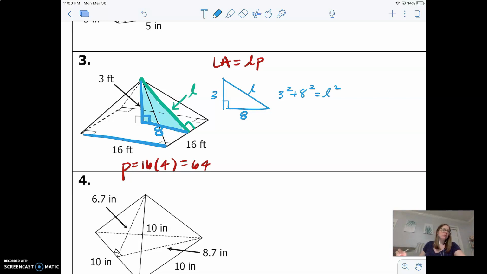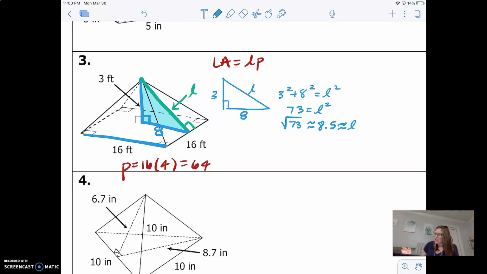So add those up. That's 73 equals L squared. Take the square root of that. Ooh. Let's round to the nearest 10. Yeah. 8.5 is approximately my slant height.